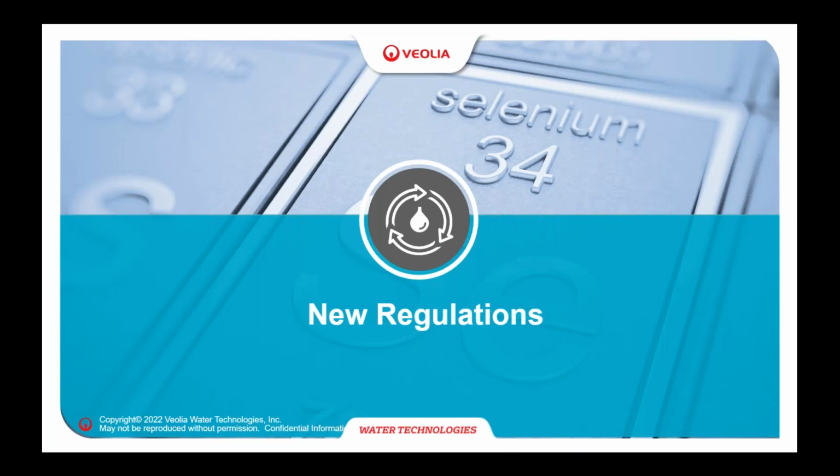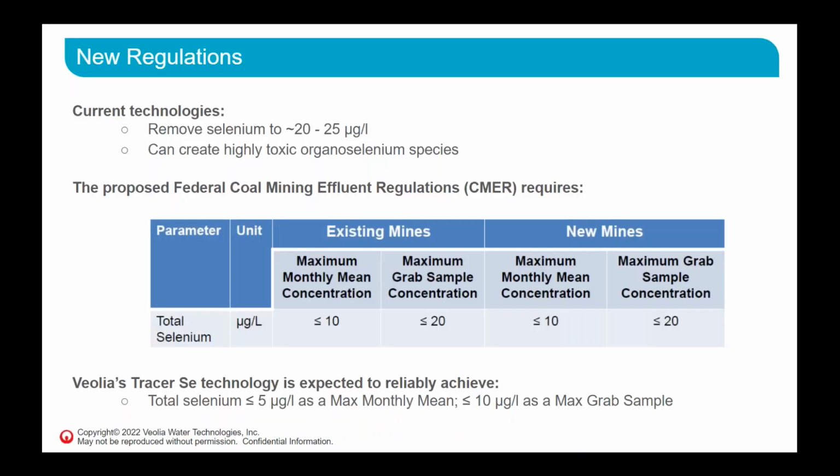New regulations are also part of the picture, especially in Canada. In the US, actually, I'll come back to the US. We've had developments since that was written. In Canada, there is currently a proposal. It hasn't yet been published officially as law, but the feds have proposed a coal mining effluent regulation that would require treatment down to 10 micrograms per liter as a monthly average and 20 micrograms per liter in a grab sample.